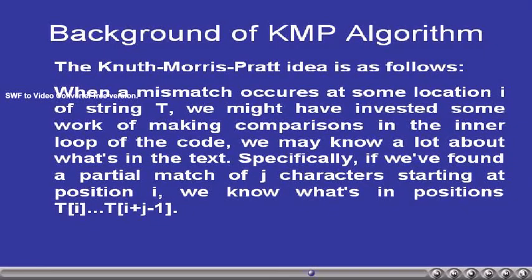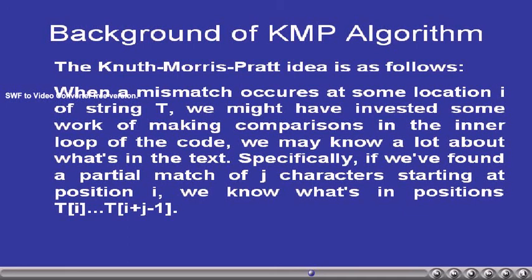The basic concept behind this algorithm is as follows. When a mismatch occurs at some location, say I, that is, the string P is aligned at location I in the original string T, and we find that at the jth location of the string P there is a mismatch, by this time we might have spent some computations or comparisons.